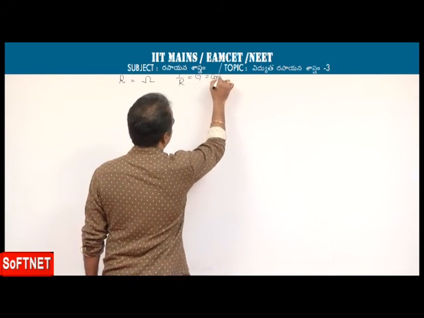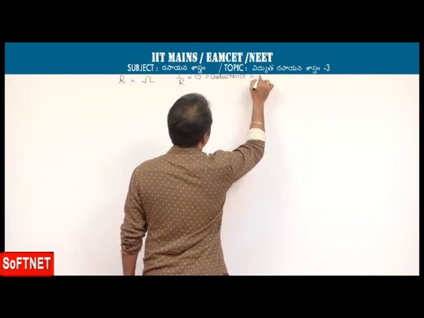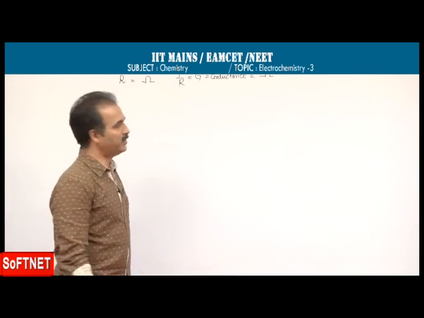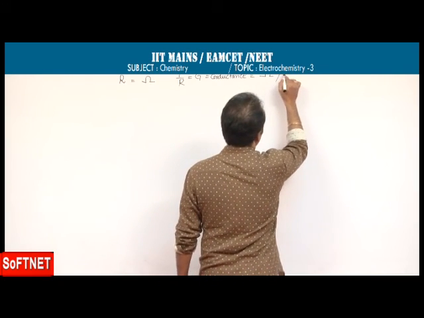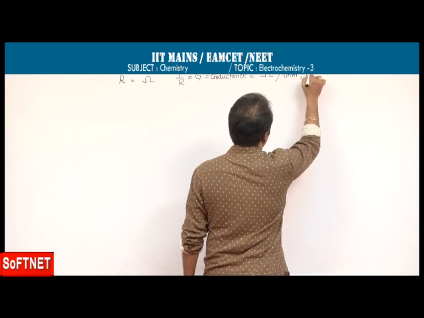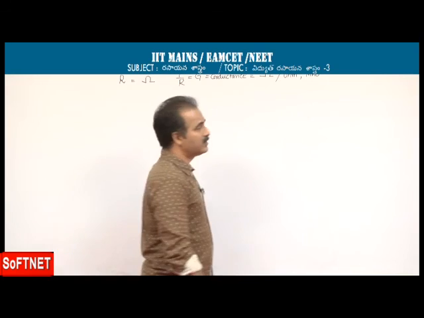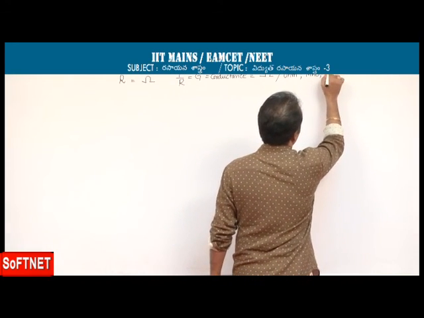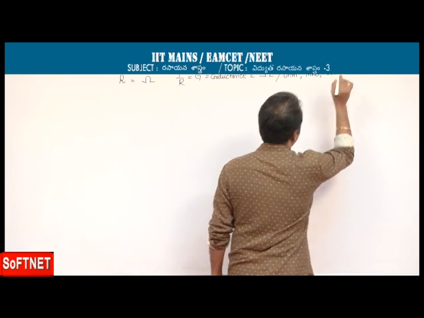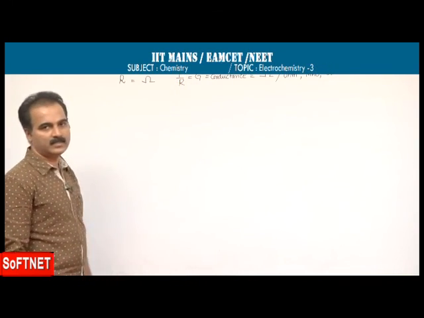The units are ohm inverse, which in English we can also call mho, spelling reverse. And in SI units it is Siemens. Siemens is the unit of conductance, which is the reciprocal of resistance.